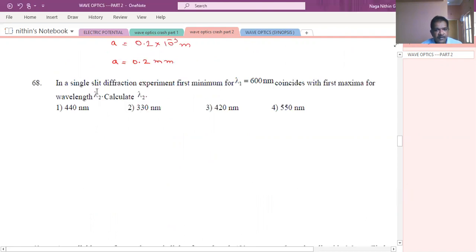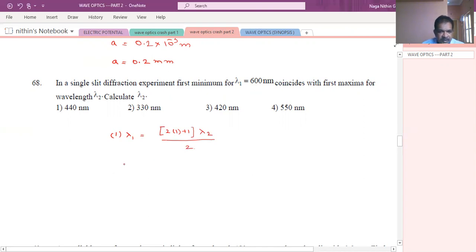Next. In a single slit diffraction experiment, the first minimum for lambda 1 equal to 600 nanometer coincides with the first maximum for wavelength lambda 2. First minimum means 1 into lambda 1. It coincides with the first maximum, which means (2n plus 1) into lambda 2 by 2.